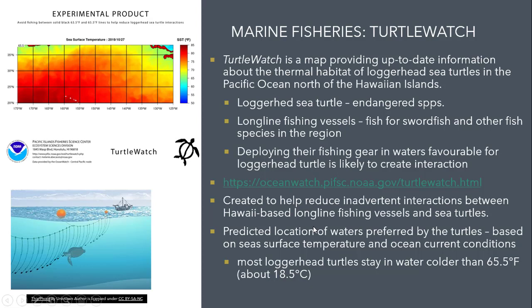These maps are being created to help manage the situation so that the interaction between the loggerhead sea turtle and longline fishing vessels is reduced, because by the reduction of such, the species can be saved. So imagine if you had to go to the field and measure water temperature across these areas. It becomes daunting because you have to provide this advice on a regular basis.